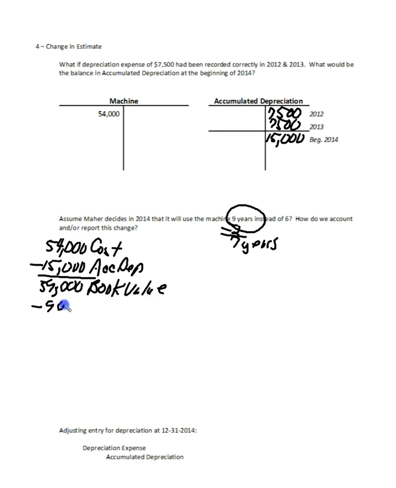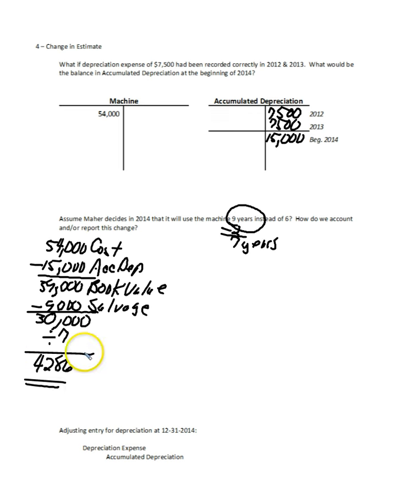Now let's subtract out our salvage. So they think at the end of the 9 years they can salvage it for $9,000. So we have $30,000 of cost that has not been depreciated. So this needs to be depreciated. We've got 7 years left, so just divide that by 7. And we have $4,286 is now our new annual depreciation.